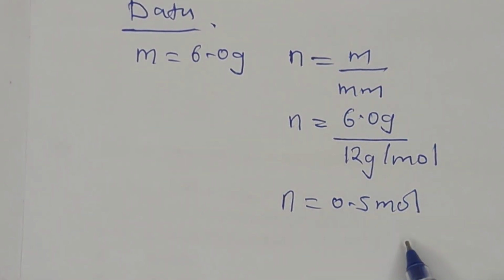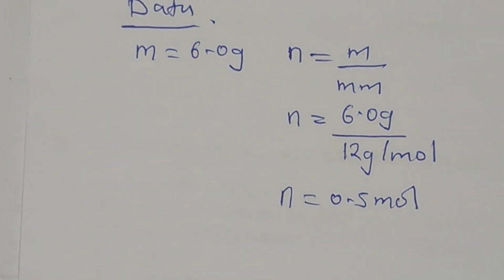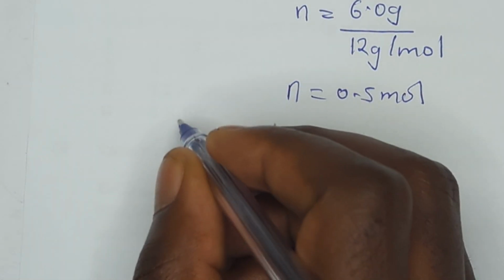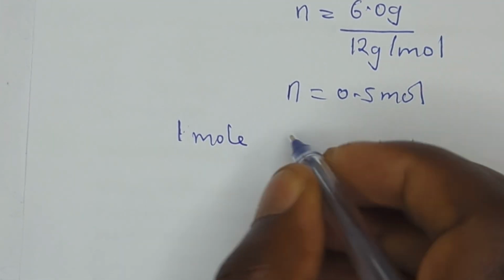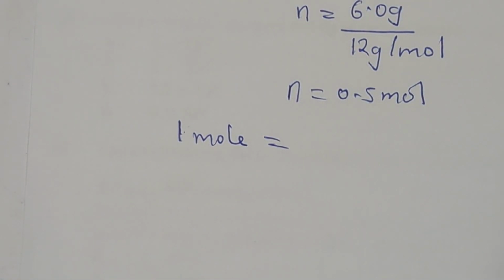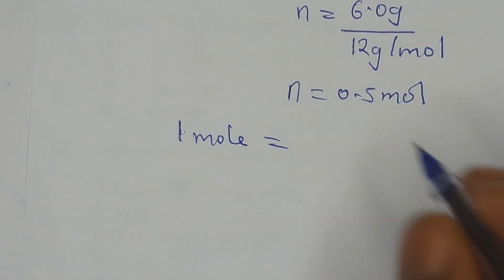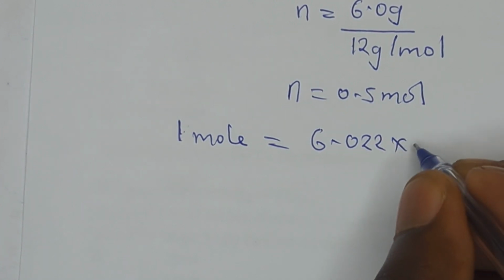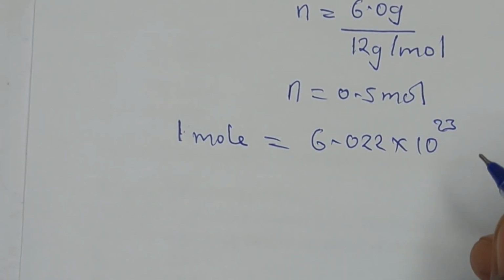Now that we have the number of moles, the question says calculate the number of atoms that are there in 6.0 grams of carbon atoms. So if we use the mole concept and Avogadro's number, we know that 1 mole is equal to the Avogadro's number of atoms, which is 6.022 multiplied by 10 to the power 23.